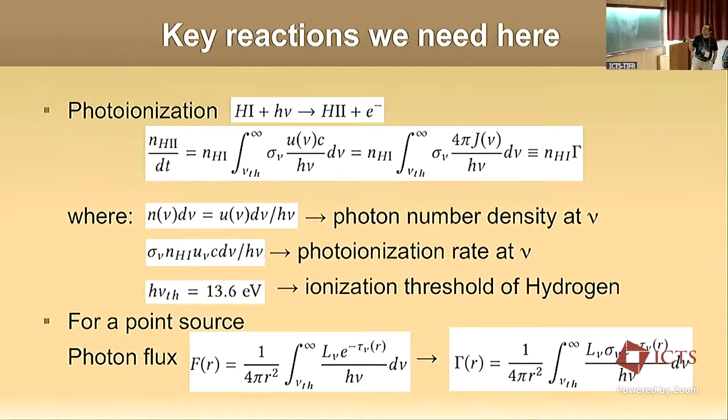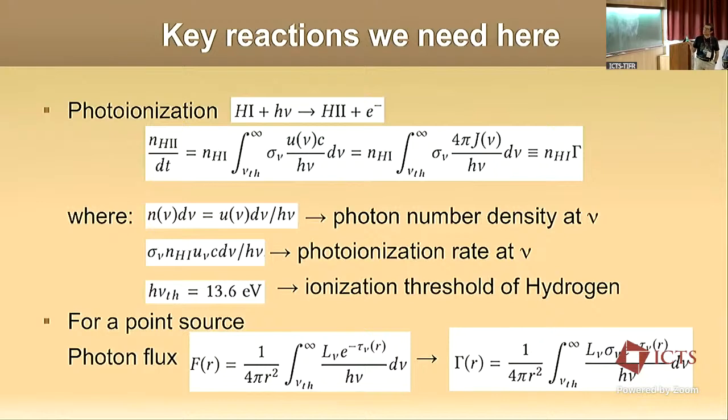So essentially it comes as an average intensity times the cross section divided by h nu. This is called the photoionization rate, and this multiplies the number density of neutral atoms.